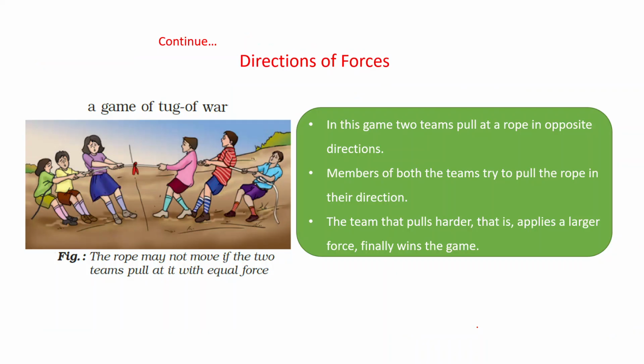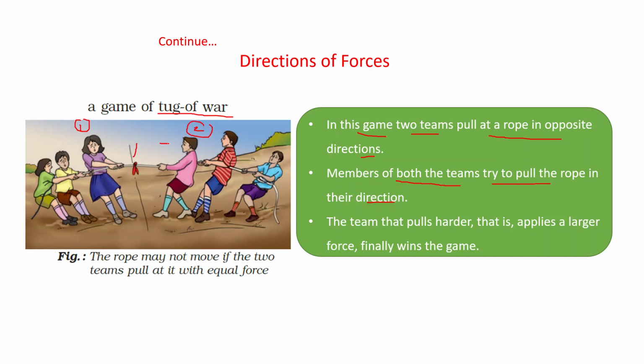Now again, see, this is one most familiar game, a game of tug of war, rassakasi. What happens in this? In this game, two teams pull at a rope in opposite directions. Members of both the teams try to pull the rope in their direction. This is one team and this is our second team, and this is the midpoint.